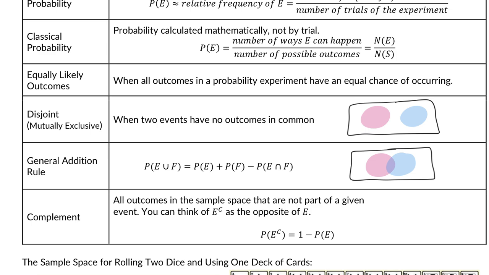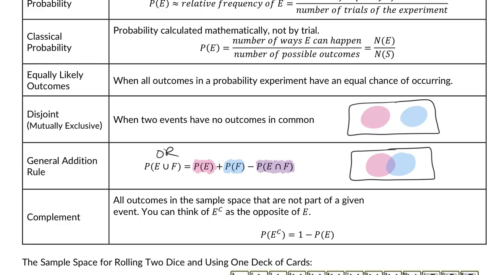We have to not double count that purple section. So our general addition rule says that for OR statements, we find the probability by adding the probability of one part of the Venn diagram, the probability of the second part of the Venn diagram, and subtracting away the overlap. Because we've double dipped, we've double counted the overlap if we don't take it away.